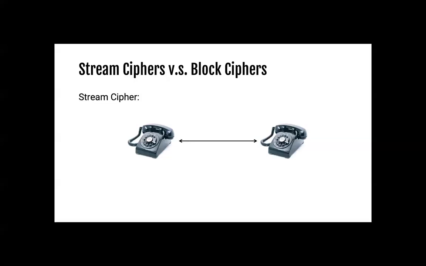You can consider a stream cipher as a telephone. You call someone, or say the video that we have right now. We are communicating in real time. Whenever I speak, whenever I utter a word, you will receive the word right away.